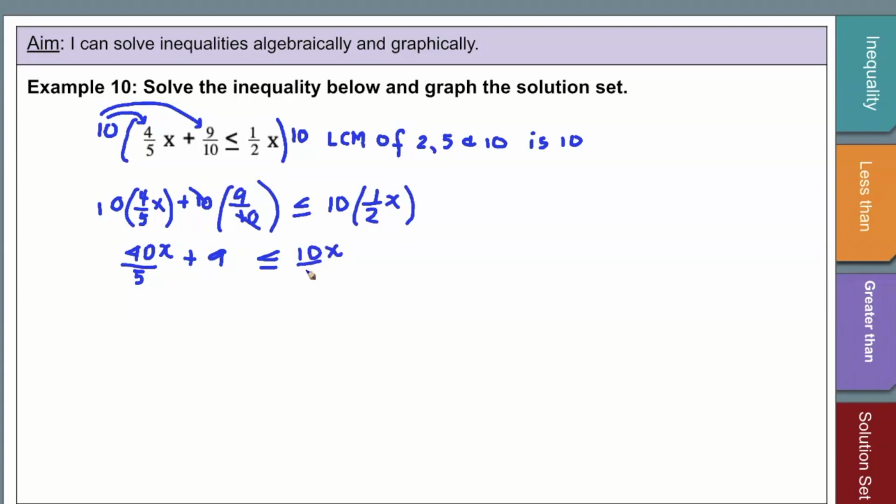Let's add negative 8x to each side of the inequality, and that should give us 9 is less than equal to negative 3x.